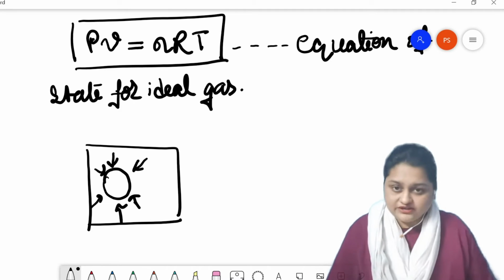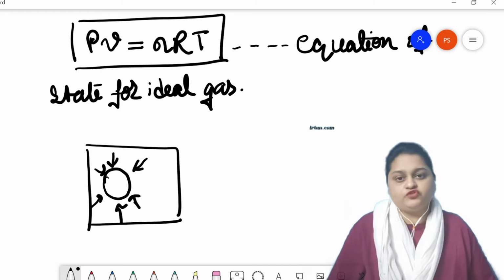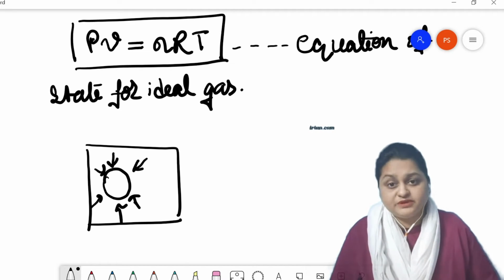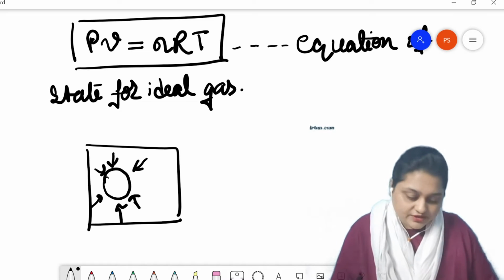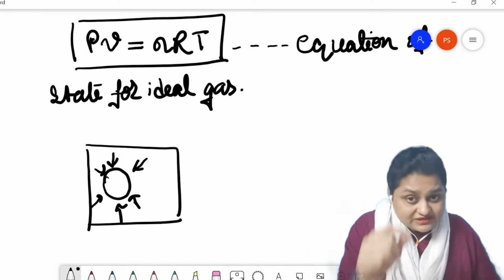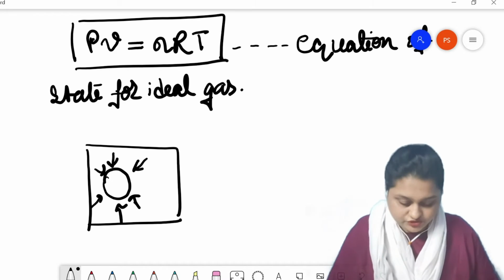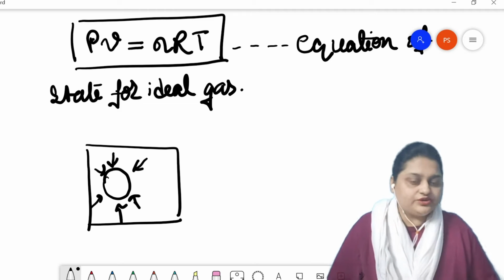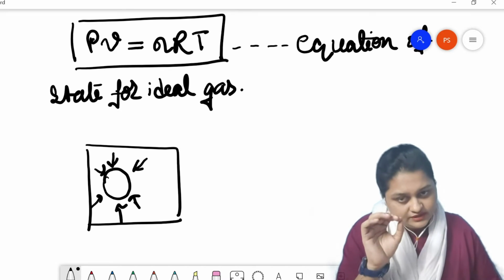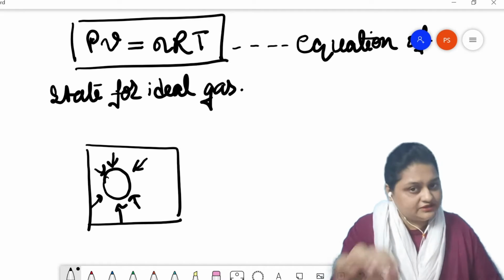As a result, the net attraction or net repulsion force on this particular particle becomes zero. So, the constituent particle of real gas residing in the bulk does not feel a net force.